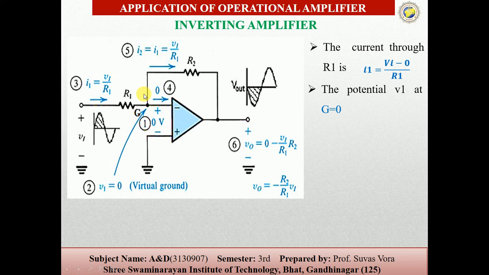Because of the infinite input impedance of the op-amp, no current enters the op-amp, hence the same current flows through the feedback resistance RF. So the current through RF is 0 minus V0 upon RF, as you can see here.